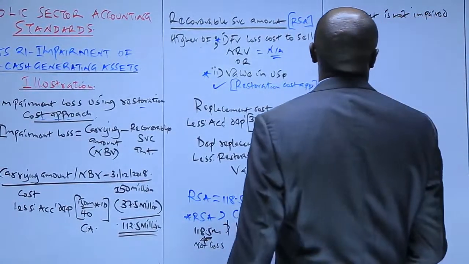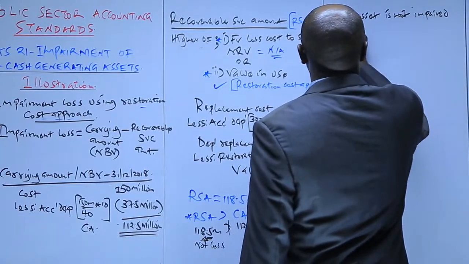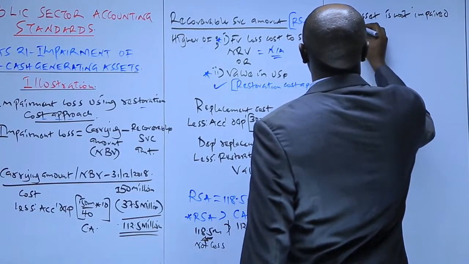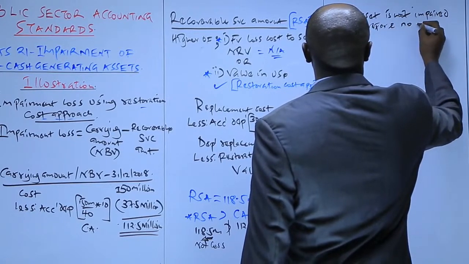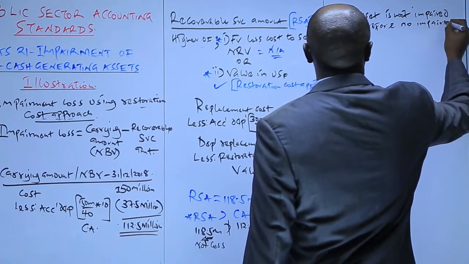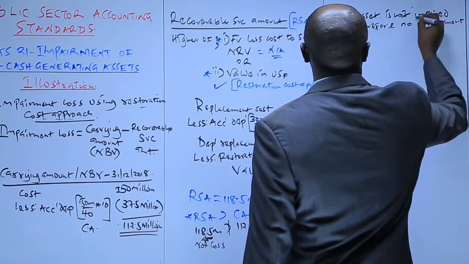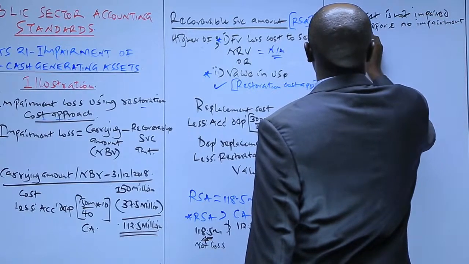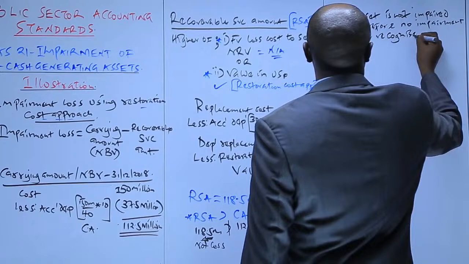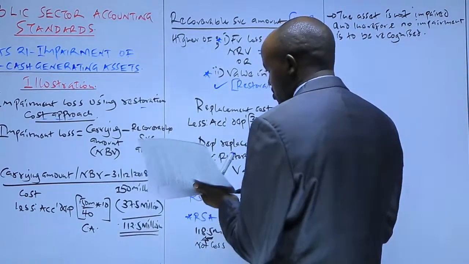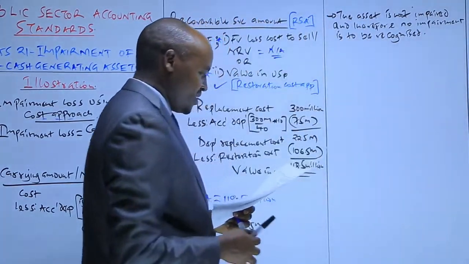The carrying amount. The asset is not impaired, and therefore no impairment loss is to be recognized. So basically that is it, that's what was required.